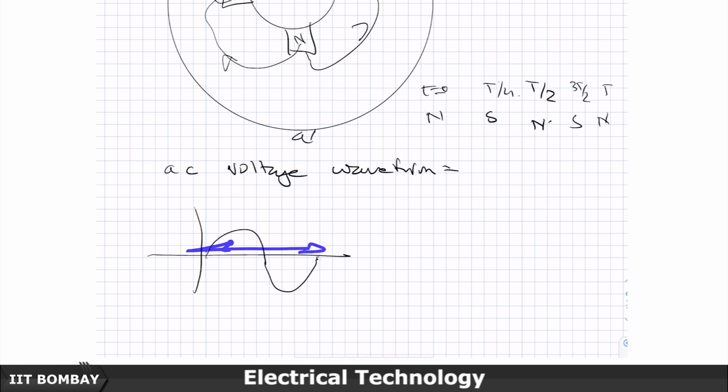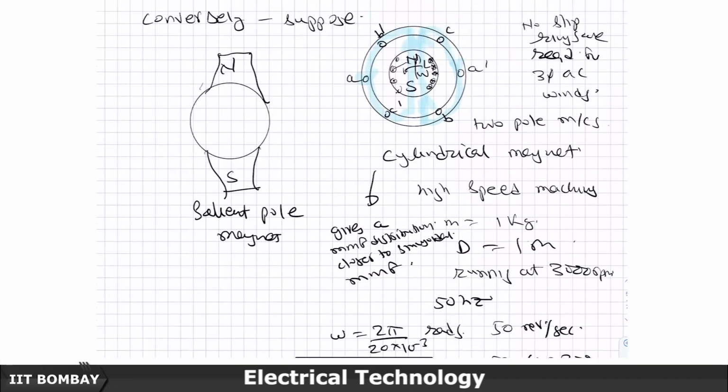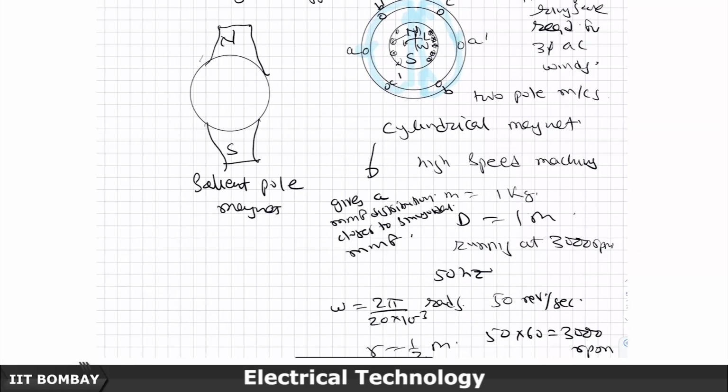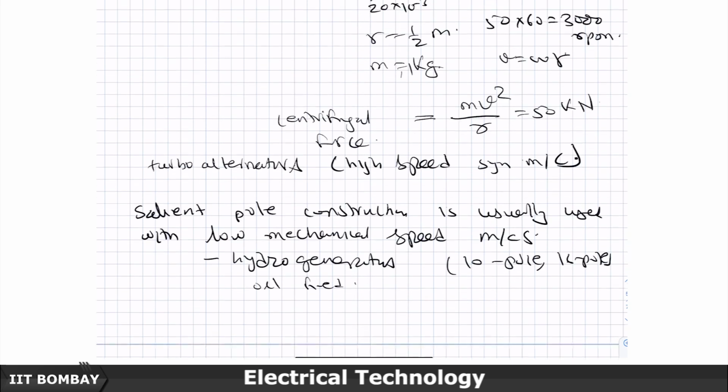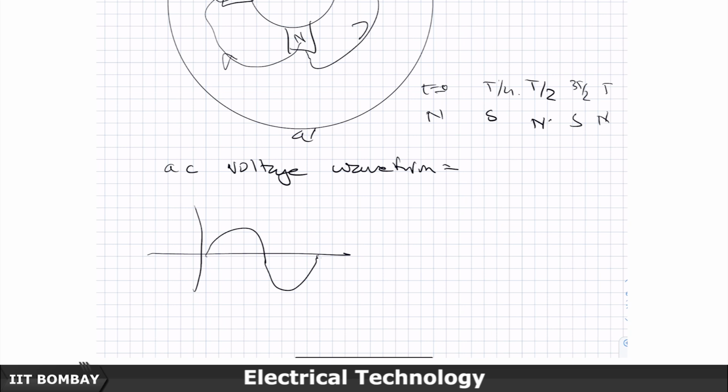In the 2 pole machine construction, if you remember, N rotated back to S, rotated back to N, and there it was happening in one time period. Here it is happening in half the time period.